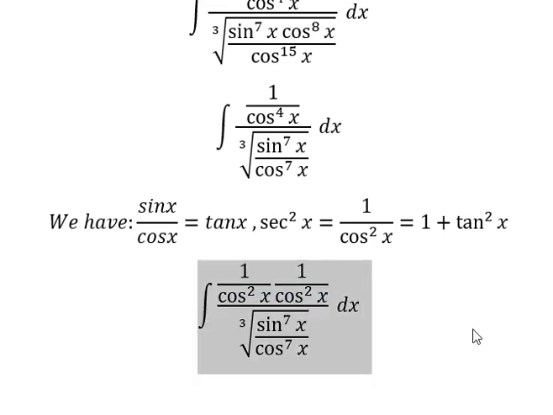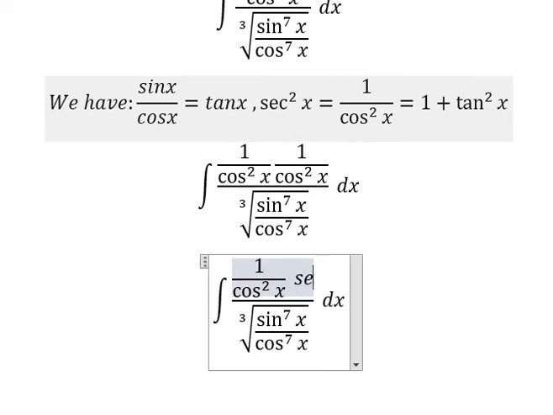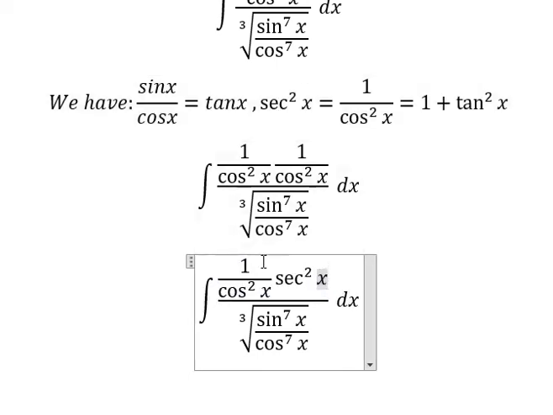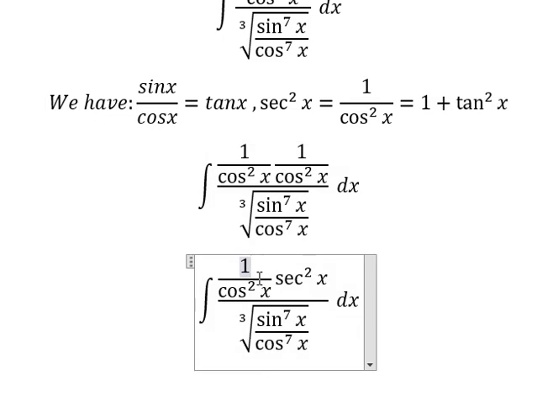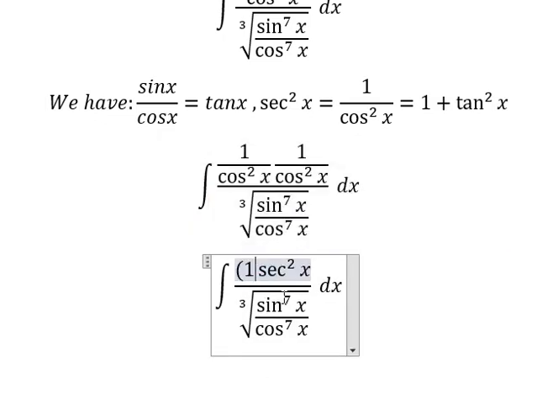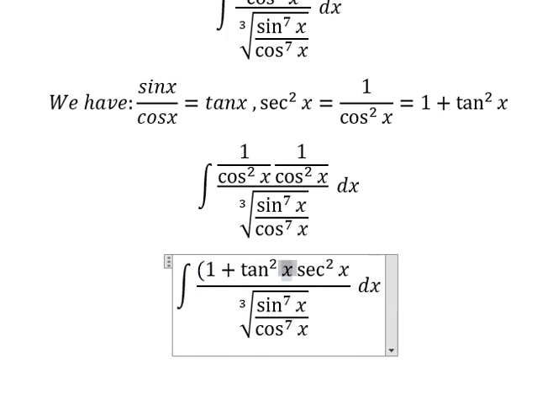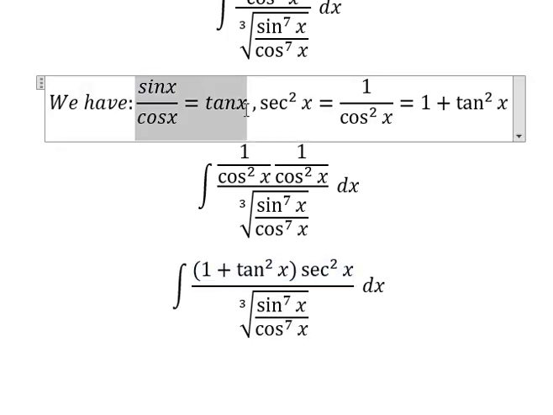So the first thing, this one we change by secant of x squared. This one we change by this one. And this one we change by this one.